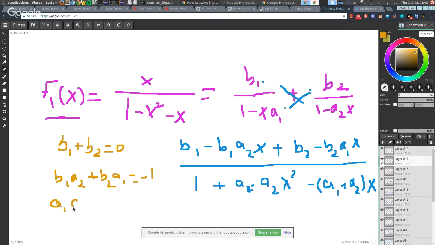We have a1 times a2 equal to minus 1, and a1 plus a2 is equal to 1. So we'll find here that a1 and a2 are actually the solutions. So they are again phi and the conjugate of phi.